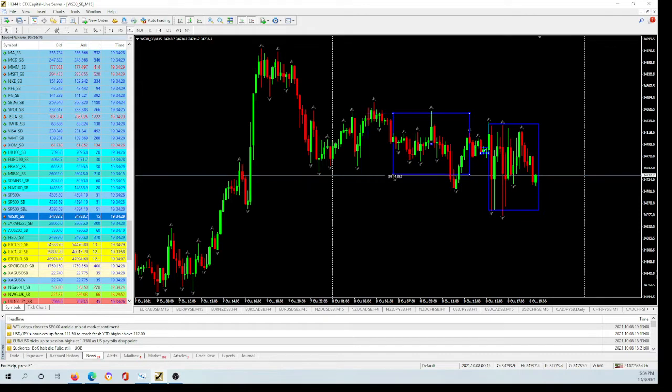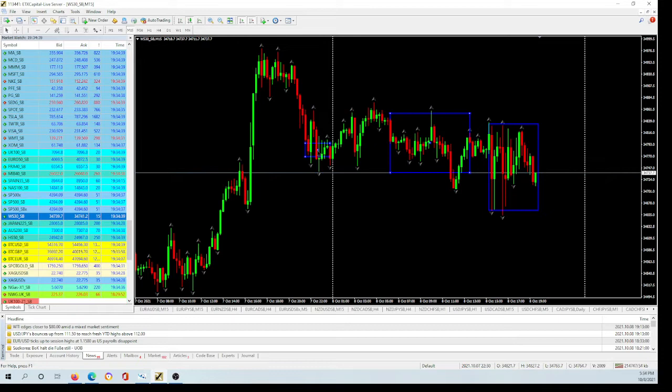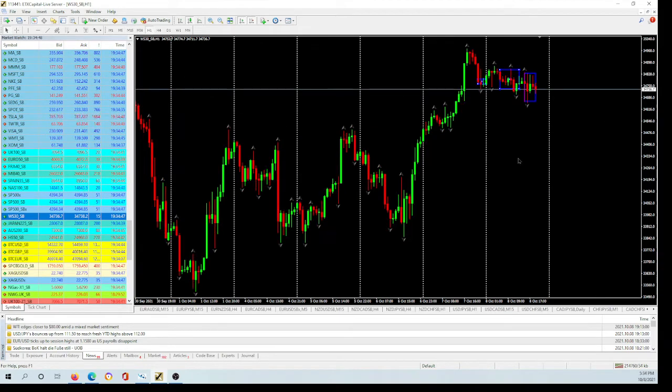It's not that clear, it's very choppy, and you can see the consolidation I'm talking about. Here as a scalper, you want to get out and stay away. Other than that, you're going to make a very big mistake.